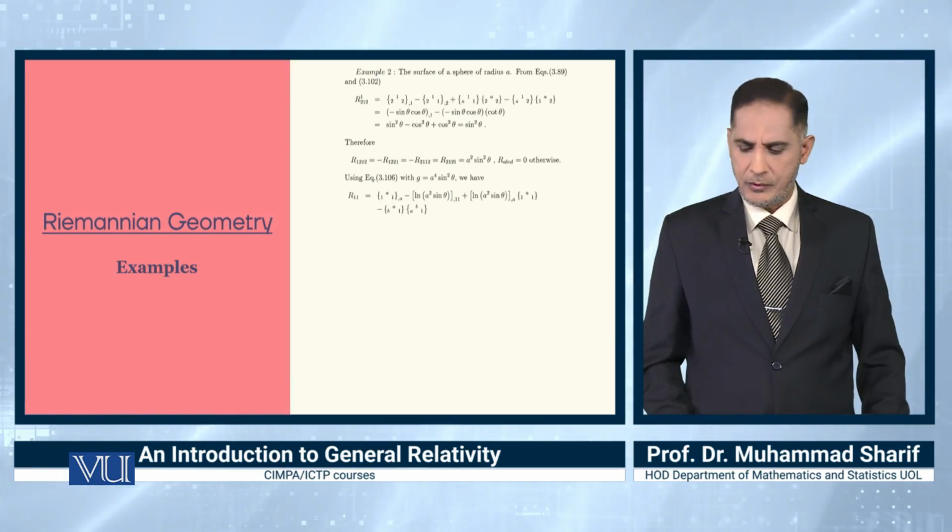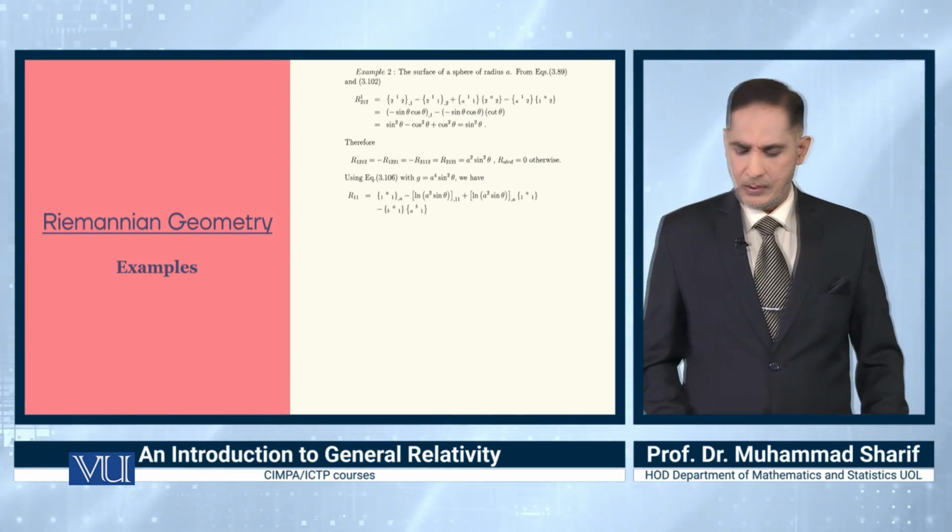Now we come to the example, and I would like to give details of this example. So I would discuss the Riemann curvature tensor for the metric which is given as follows. This is the metric on the surface of the sphere.